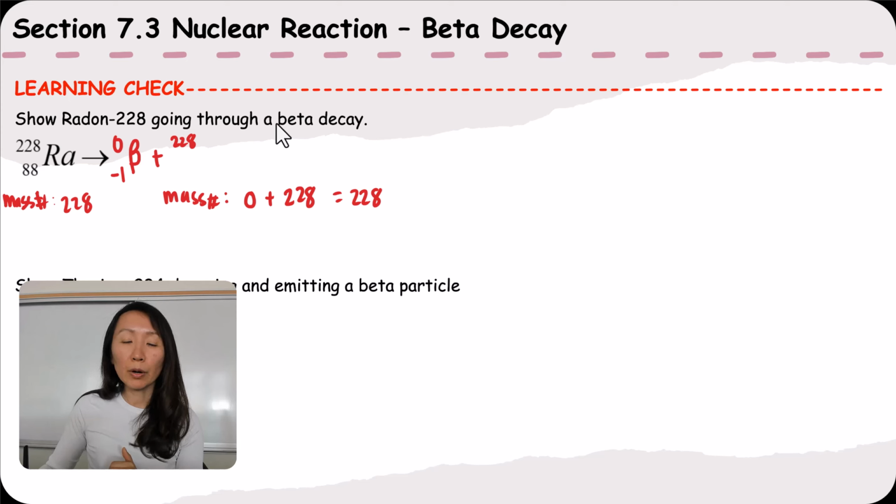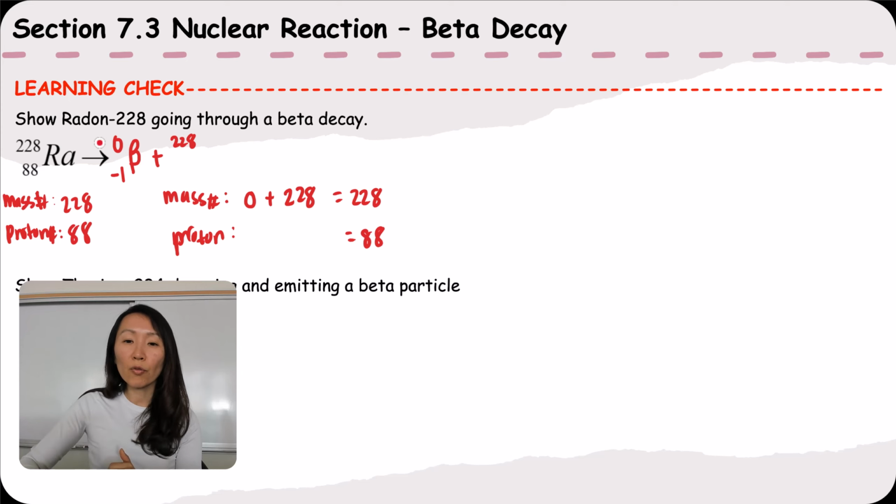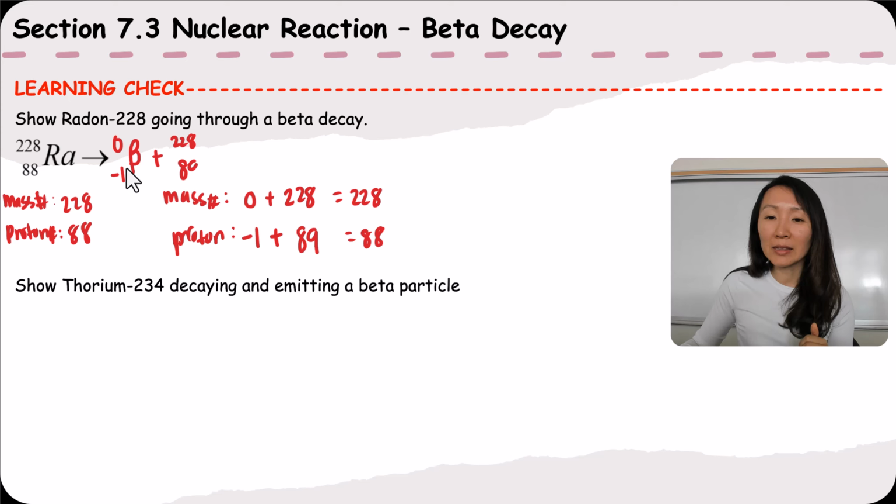What about the proton number? Well, the proton number is 88 on this side. So the proton number on this side in total should be 88. So far we have -1, so what needs to go here? 89. What that means is the element that needs to go here should have a proton number of 89.